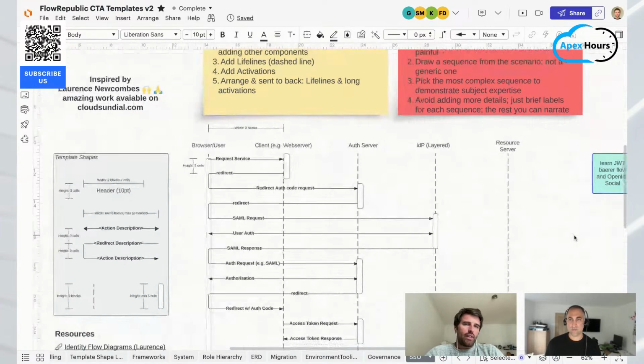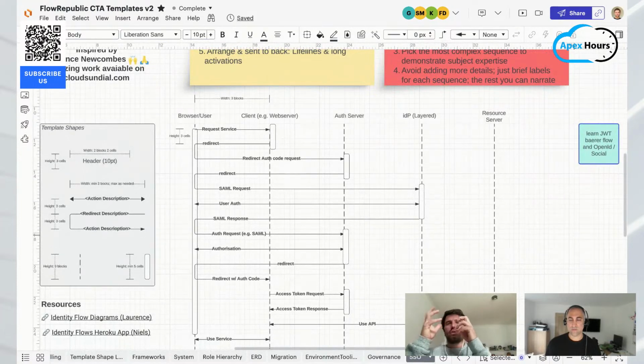However, what we have decided is we have tried to identify the bare minimum that you should include in those diagrams to convey the story without getting lost in details. A lot of the details that we have left out here, for instance, what are the exact responses that are exchanged, how do you communicate the relay state across different instances, is left out because our suggestion would be to verbally articulate this as you're going through the diagram.